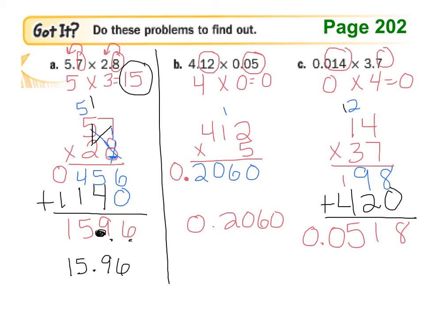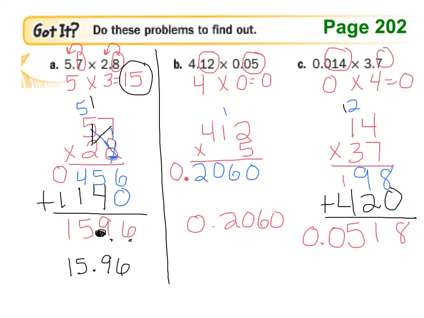On problem C, I did the same thing. I rounded the first number to 0 and the second one to 4 and got an estimate of 0. So I know my number is going to be small again. I dropped all the decimals and just took out the whole numbers and made it 14 times 37. And so when I multiplied and added, I got 518.